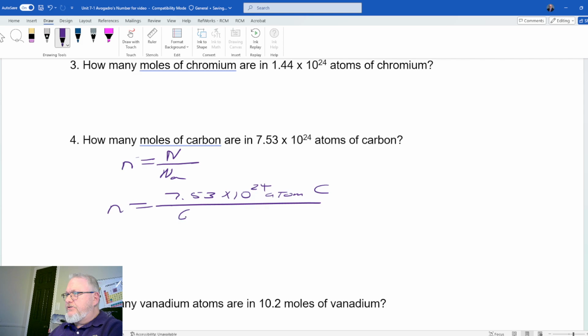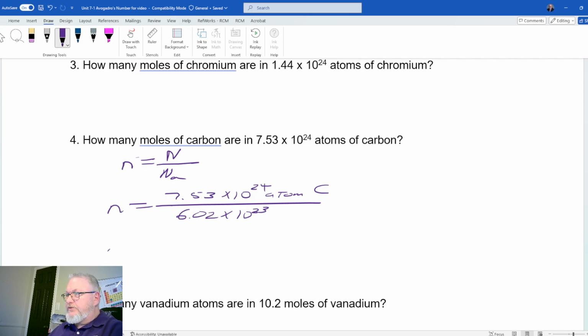Avogadro's number, 6.02 times 10 to the 23rd. No unit, right? It's just 6.02 times 10 to the 23rd. So I punch it in my little calculator. 7.53, second double E, 24, divided by 6.02 second double E 23, and I get 12.50.